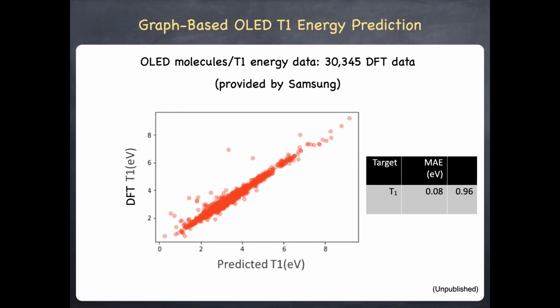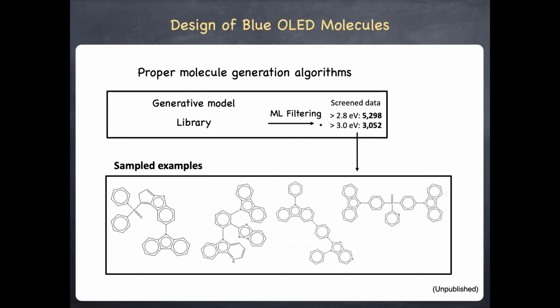We used 30,000 DFT data for triplet energies, and we were able to obtain about 0.08 electron volt MAE, which is reasonably okay for prediction purposes. And so this was possible by the use of graph convolutions.